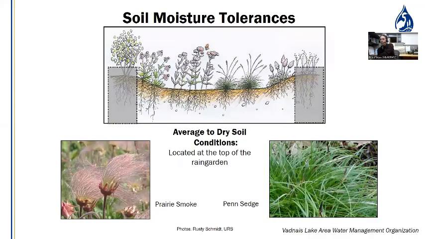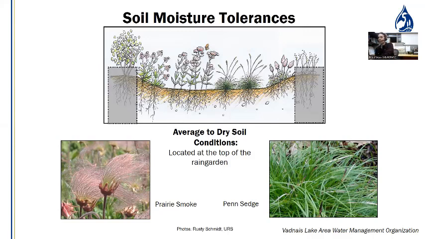And like we've alluded to, we have our different plants that go at different parts of the rain garden. So we've got our average dry conditions. Generally, these are the low growing plants in the front, or in the back. You can see, there's higher things that can be a nice backdrop. So think about that in your decision making.